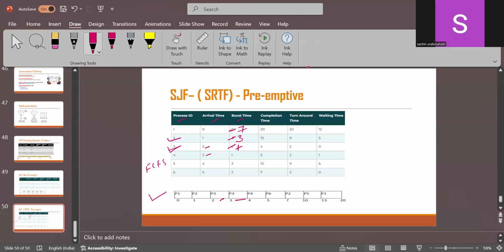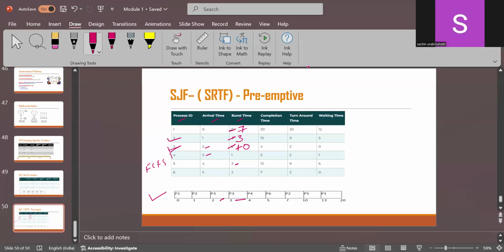Now the remaining time for P3 is 0. When P3 completes its execution, at the fourth unit of time you can see P5 is also in the ready queue. So at the fourth unit of time, we have P5, P4, P2, and P1. Out of all these four, who has the least execution time remaining?